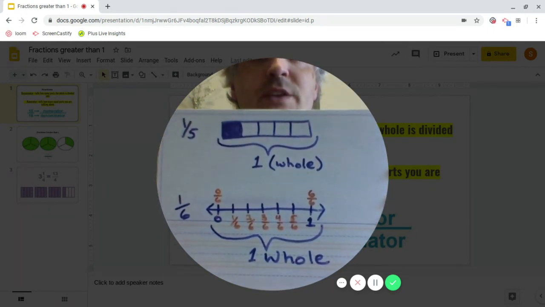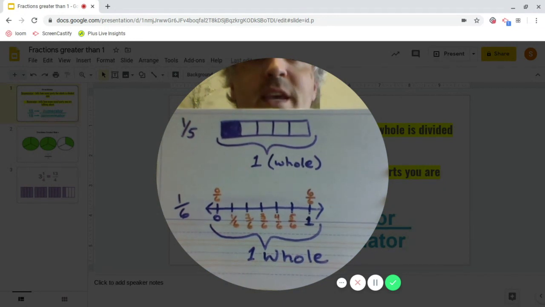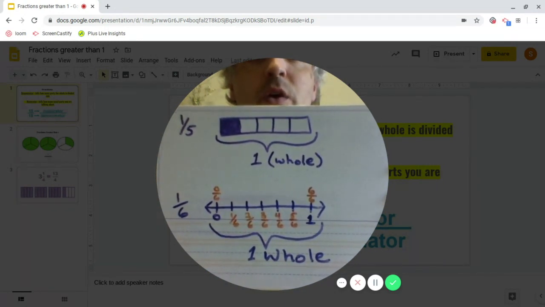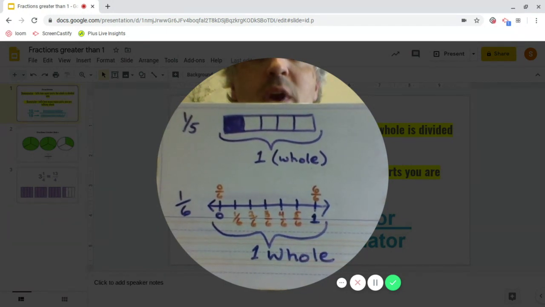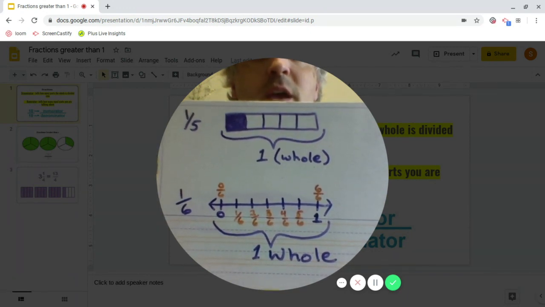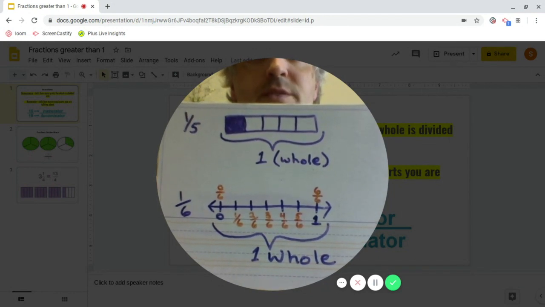And then on the fraction line on the bottom, 1/6, I have a little bit of a diagram there for how you would break up 1 whole into 6 parts and what each part and then its added on part next to it would equal as a fraction.